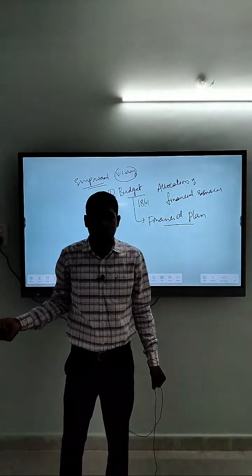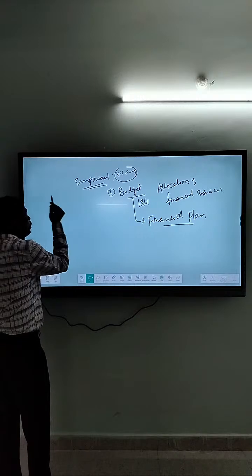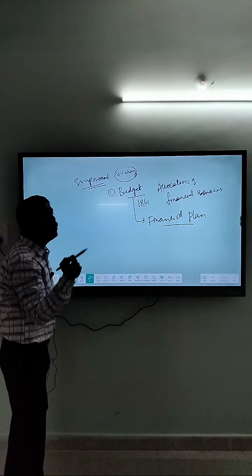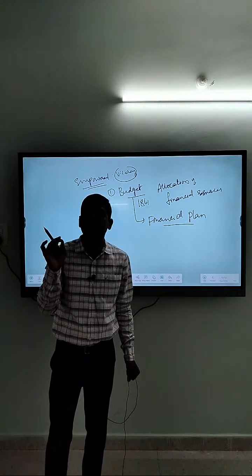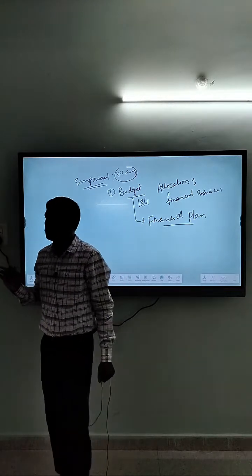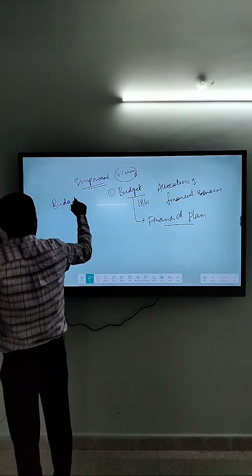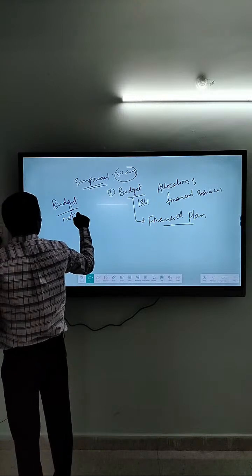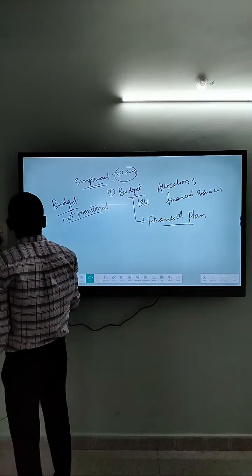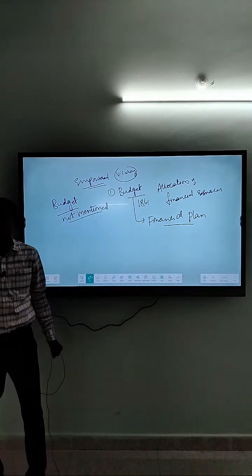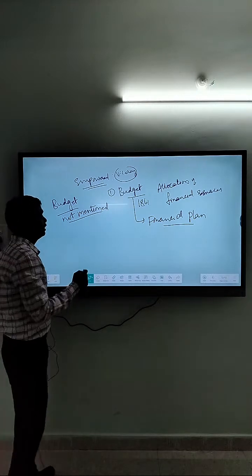Even in the present day constitution we have this budget, alright? But though we have budget, we don't see the word budget in the constitution. The word budget is not mentioned in the constitution, right? It is called annual financial statement.